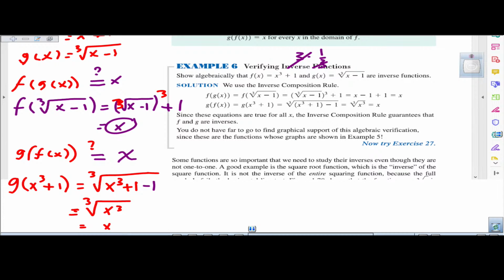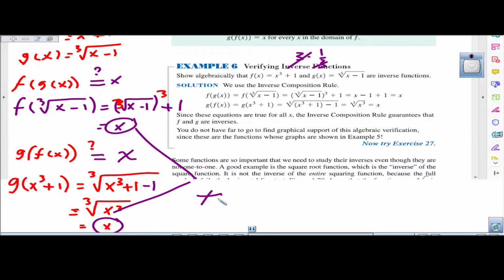Because it's equal to x, because g of f of x equals x and f of g of x equals x, then guess what? These two functions are inverses.